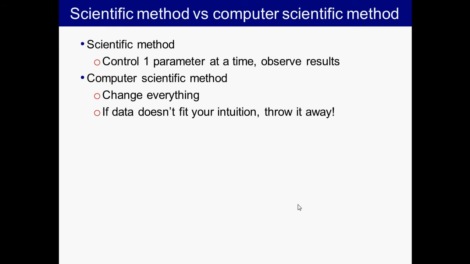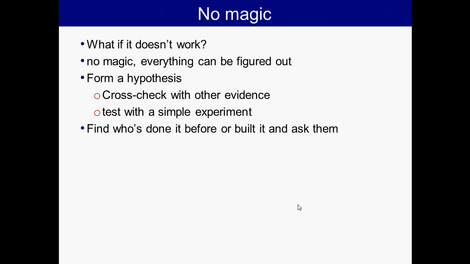There are scientific methods and computer scientific methods available. The simple scientific method controls one parameter at a time, and computer scientific methods are massive. You can do much more. Okay, there is no magic. You have to spend your time and find some approaches from already published articles.